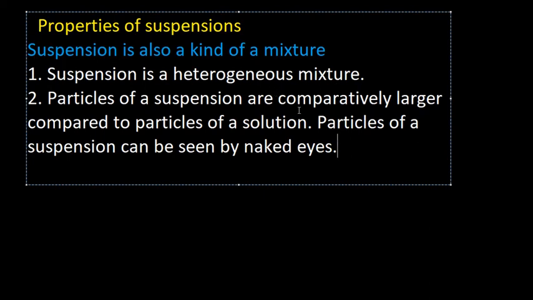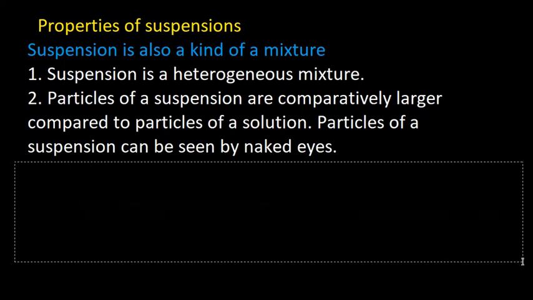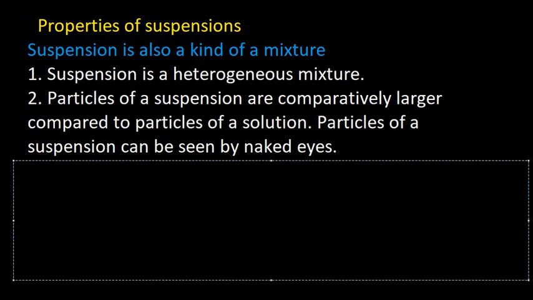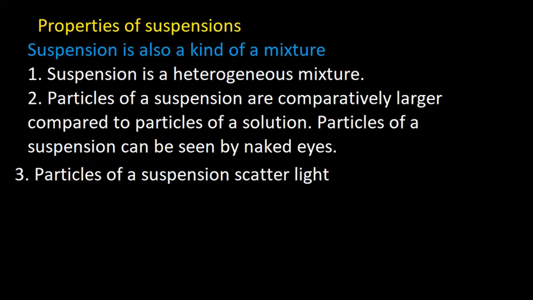The third property is that particles of a suspension scatter light. What do you mean by that? Now suppose you have got a vessel, and in this vessel there is a suspension.